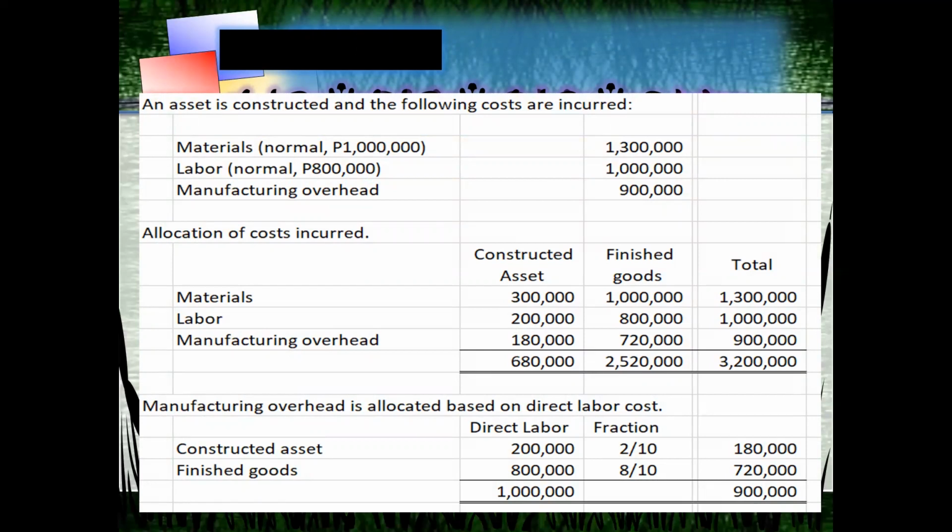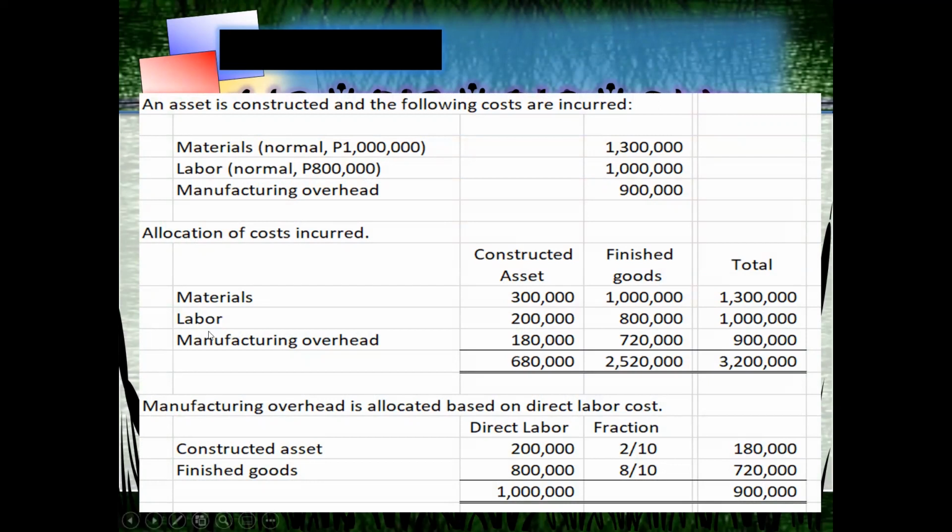For the labor of 1 million total, the normal is 800,000. This means 200,000 is the added amount that we allocate to the constructed asset.